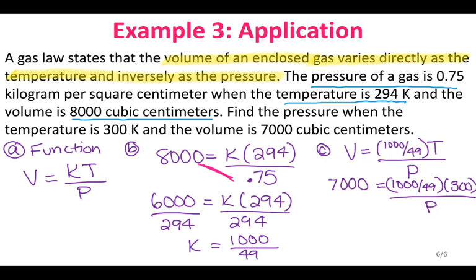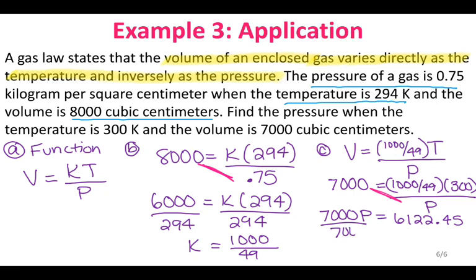So again, I have that fraction, so I'm going to go ahead and cross multiply. So that gives me 7,000 P equals these two. I'm going to go ahead and multiply in my calculator. So 1,000 over 49 times 300 gives me a lovely decimal, which I'm going to go ahead and leave as a decimal since we're getting close to the answer. So let's see, so that is 6,122.45.